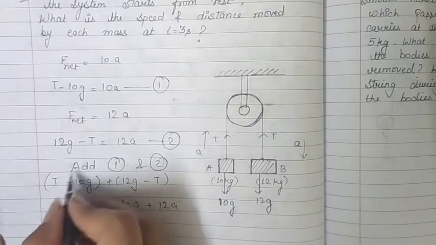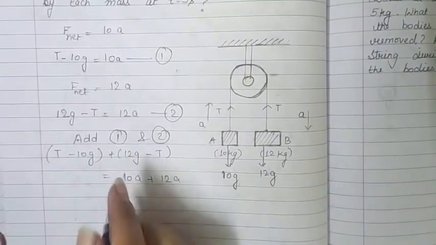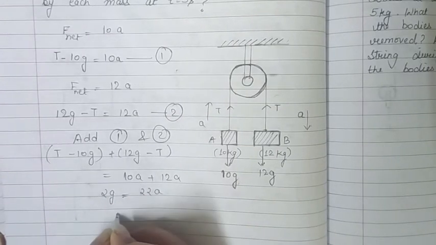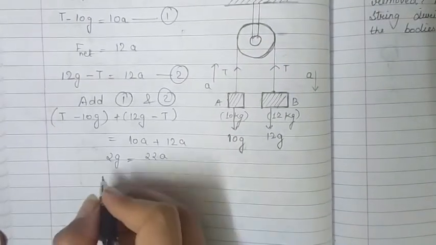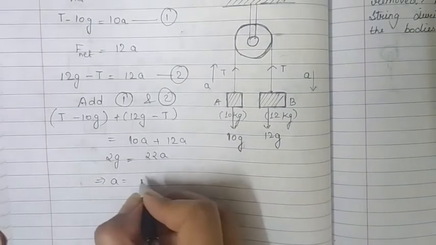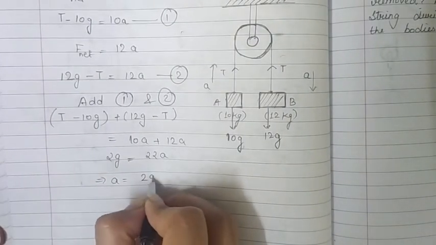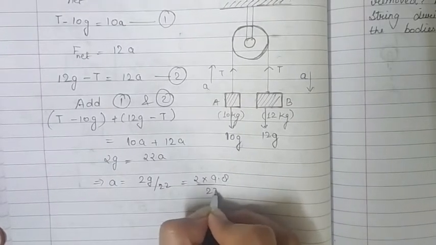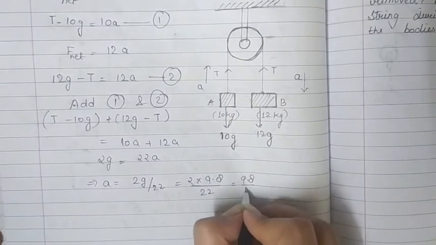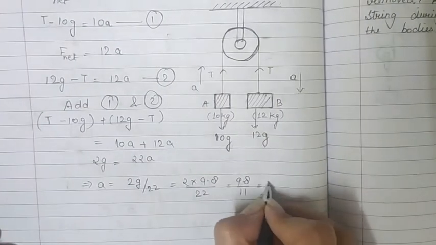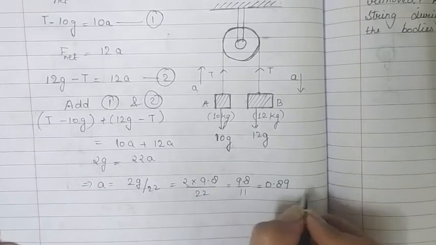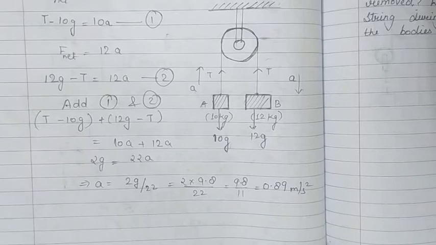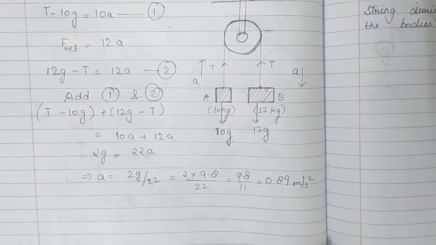So the tension cancels out and we get 2g equal to 22a, which implies that acceleration is equal to 2g upon 22, or 2 into 9.8 upon 22, which is 9.8 upon 11, and this gives 0.89 meter per second square. So the answer for acceleration is 0.89 meter per second square.